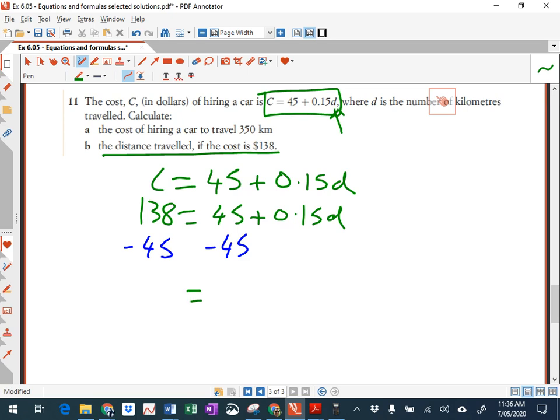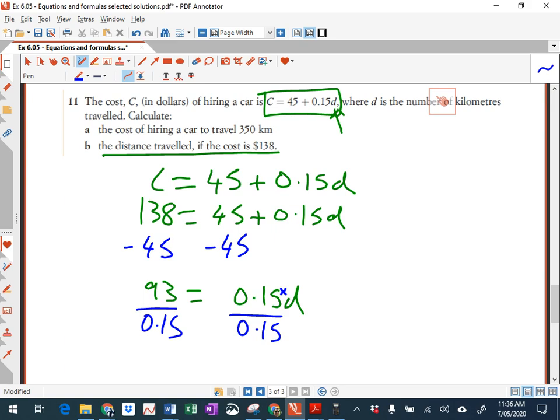So you're going to get 0.15 D on the other side. And then you're going to work out 138 minus 45, so 93. And then you're going to divide both sides by 0.15, because remember there's a times in between those.